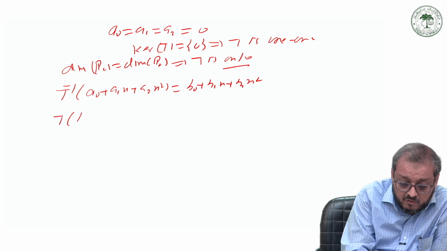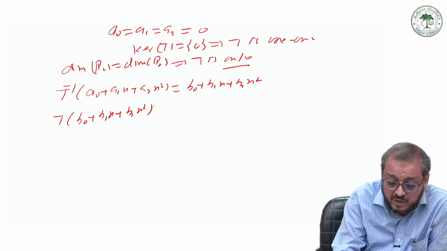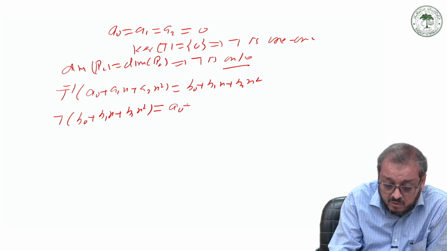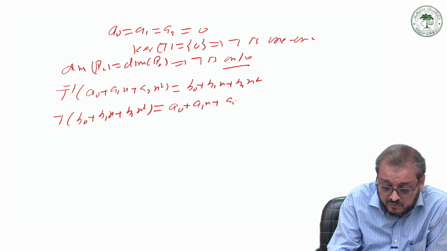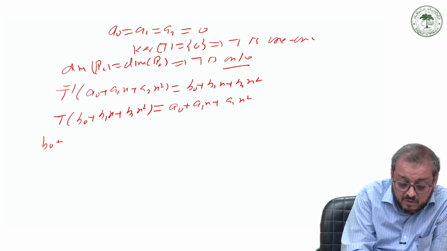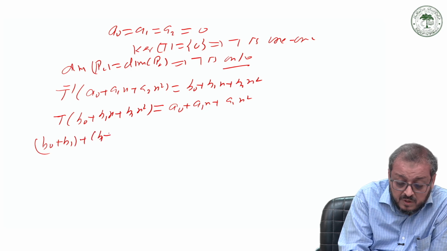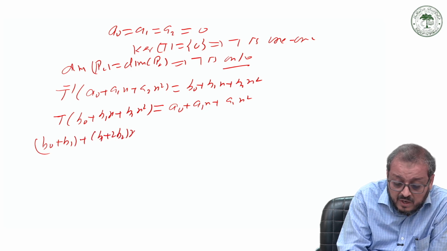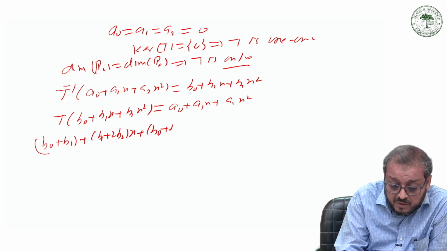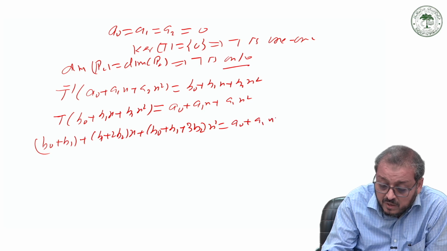Then T of b naught plus b1x plus b2x square is equal to a naught plus a1x plus a2x square, and by the definition this can be written as b naught plus b1, plus b1 plus twice b2 x, plus b naught plus b1 plus 3 b2 x square, equal to a naught plus a1x plus a2x square.